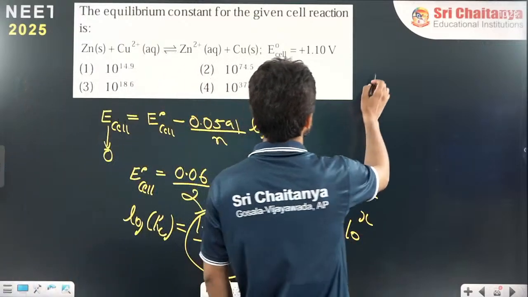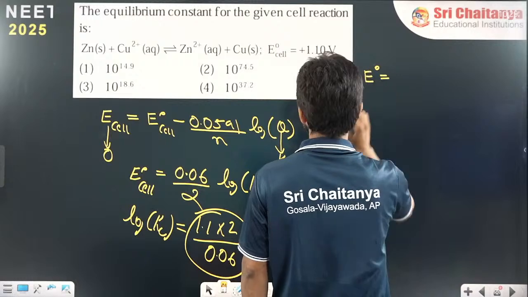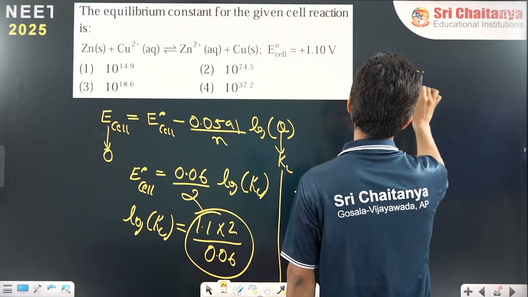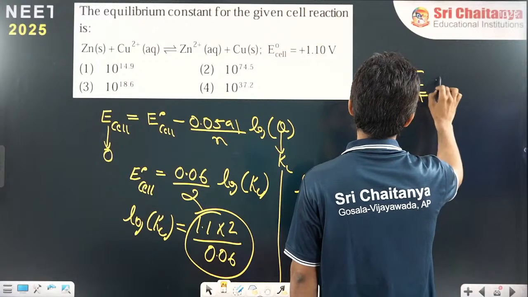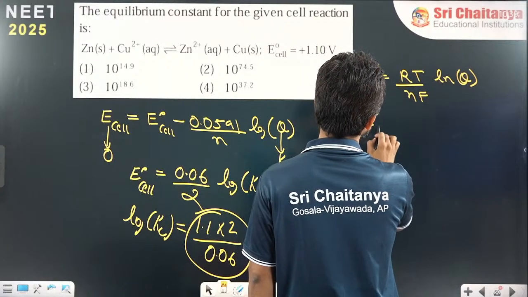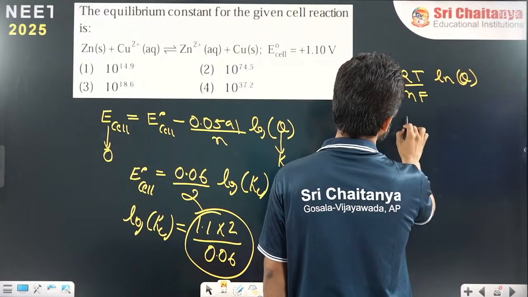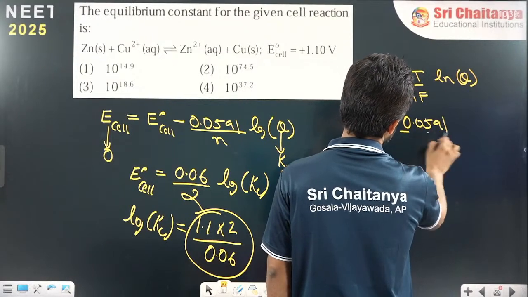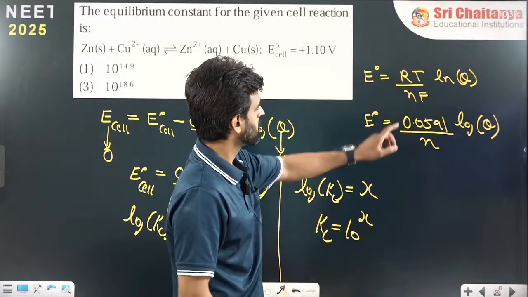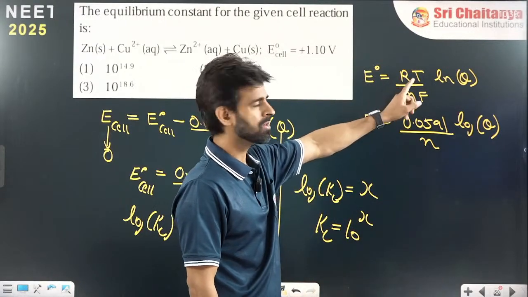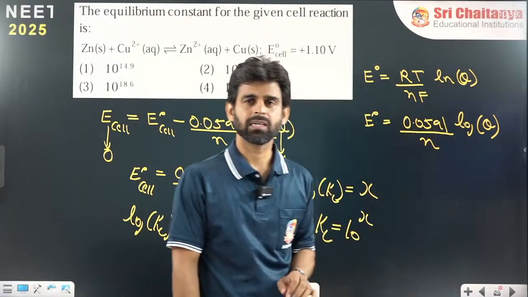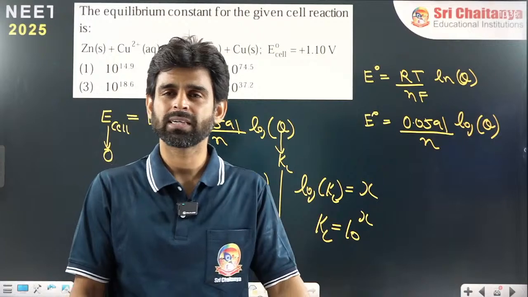This way you should know this relationship. If I write it completely, it was RT by nF ln Q. If I solve it by taking temperature 298 Kelvin, then it comes to 0.0591 log Q. R value you can put here 8.314, T value I took 298, F value 96500, and I converted ln to log, so I used 2.303.